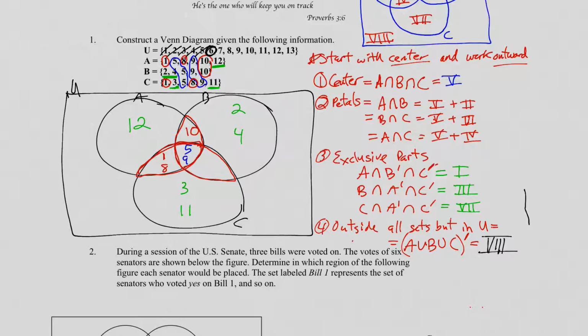So 6 is part of U only. Goes down there. 7, is there a 7? Nope, no 7. And we keep going. There's an 8 already listed, 9, 10, 11, 12, and now I don't see a 13 in the list or in the circle, so 13 is also in U and not in the other 3. Okay, so this is how you fill out a Venn diagram with 3 sets.